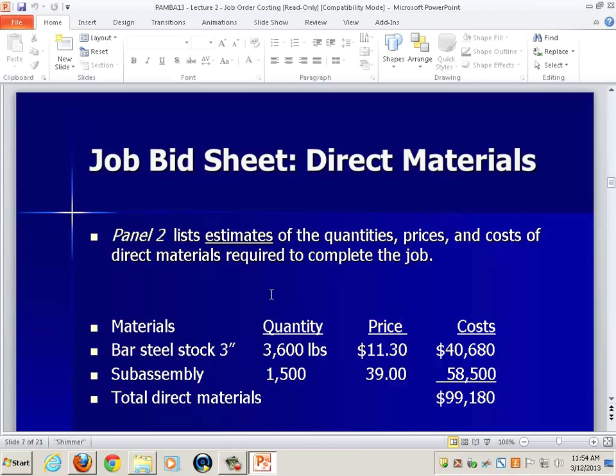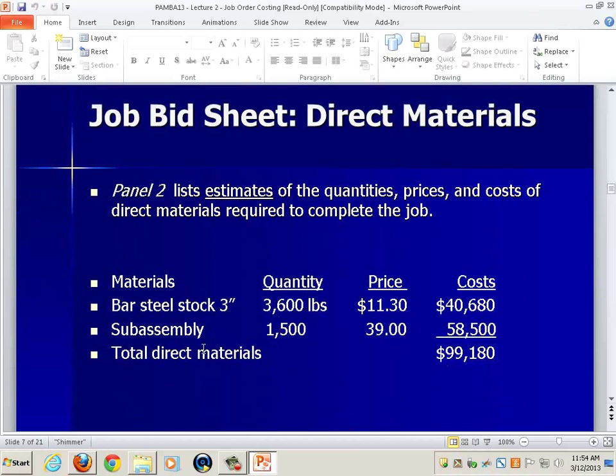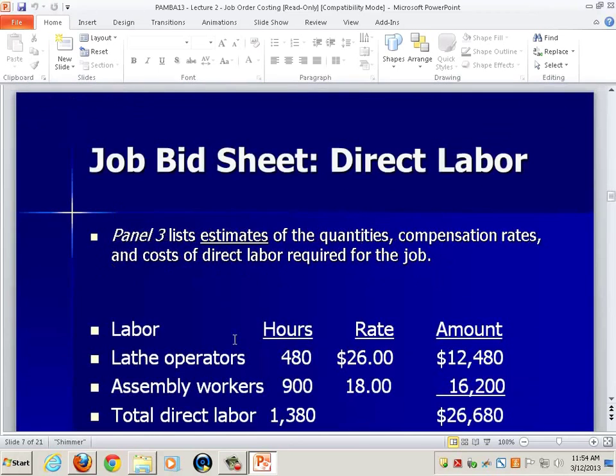You estimate the prices that you have to pay for those inputs, and you multiply the prices by the quantities, and you get the costs, and you sum them up, and you get the total estimated direct material costs.